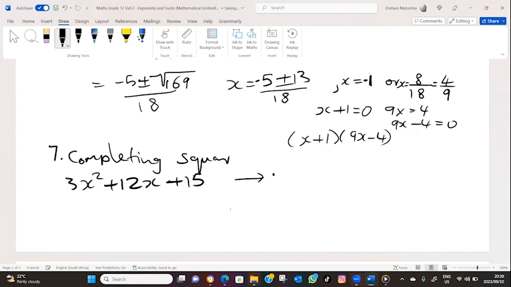You want to write it in the form a times (x minus p) squared plus q. The reason why p is a minus there is because this is a solution.